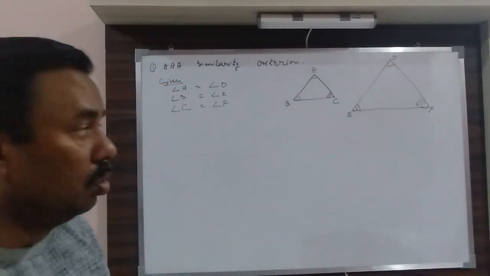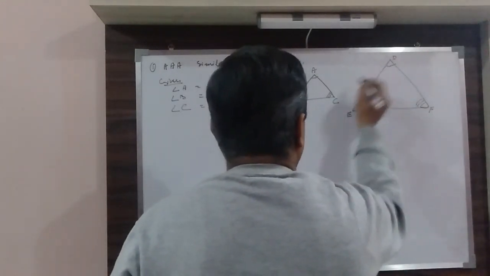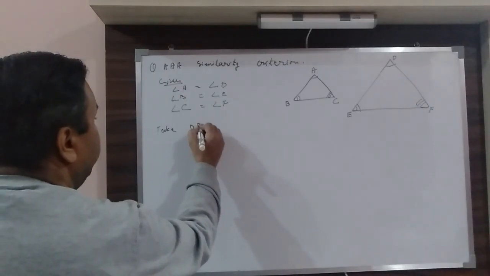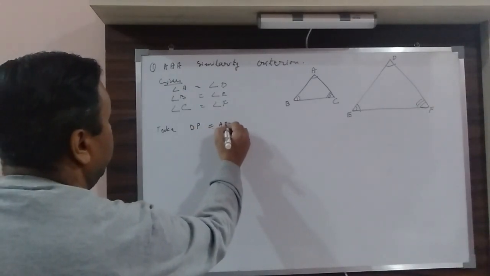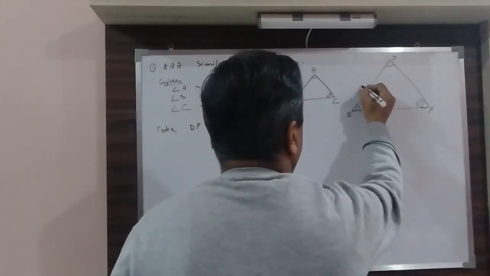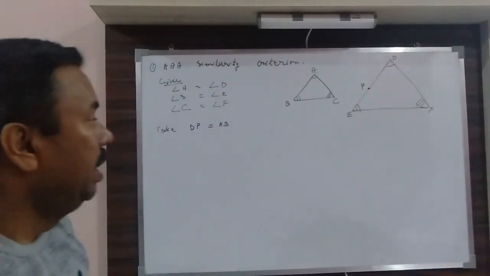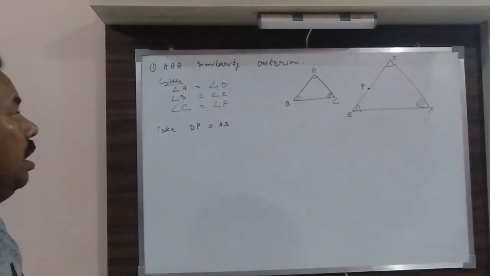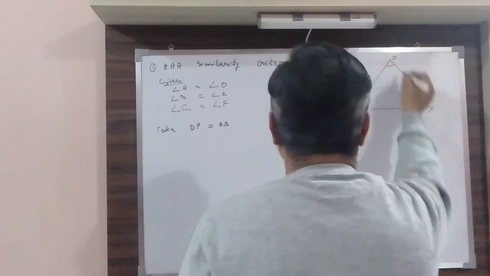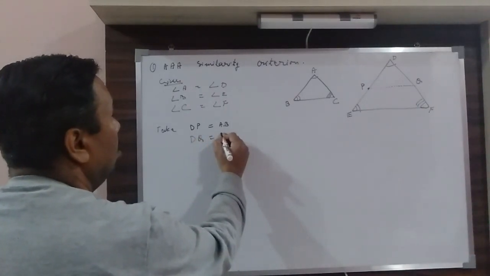So what I will do is take a point P on DE so that DP is equal to AB. Okay, and take DQ equal to AC.